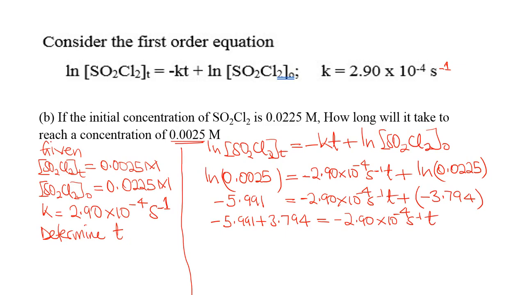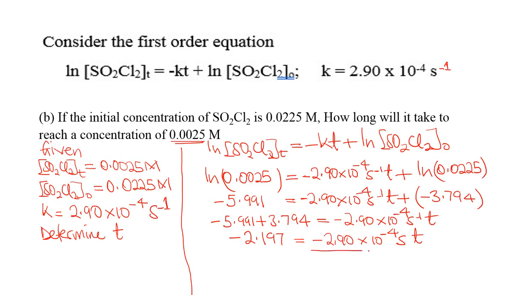So if I add the two there, minus 5.991 plus 3.794 becomes minus 2.197, which is equal to minus 2.90 times 10 to the power negative 4 s minus 1 times t. Now you want t to be the subject.